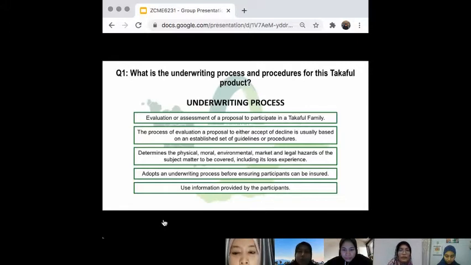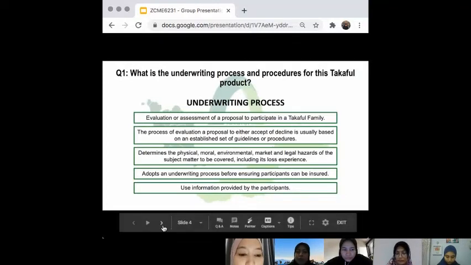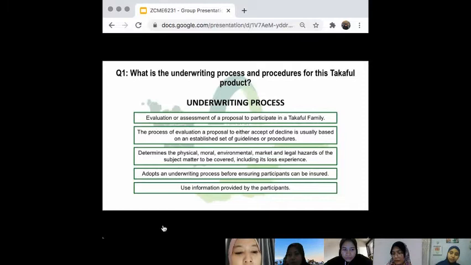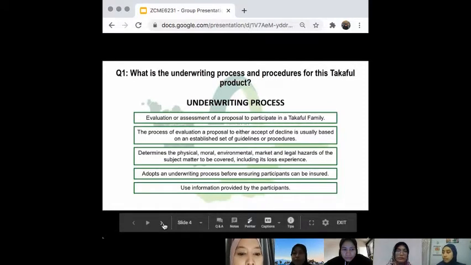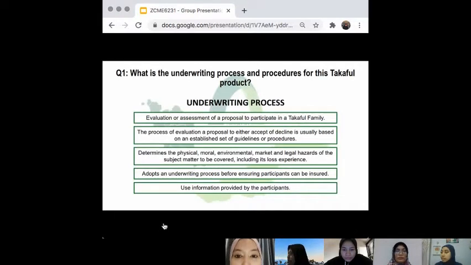Before I start with the flow, I would like to define underwriting. Underwriting is basically a concept brought over from conventional insurance to mitigate the risk of adverse selection. It is the process an insurer uses to determine on what basis it will accept applicants.